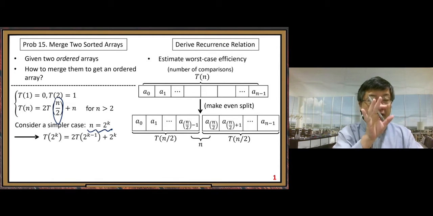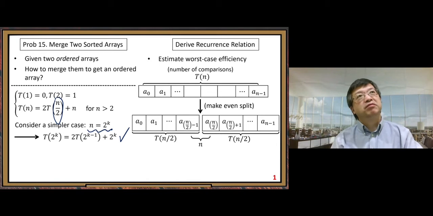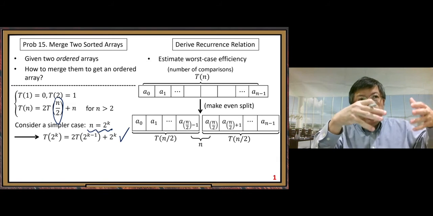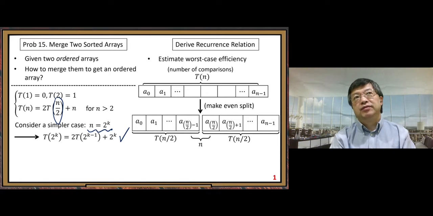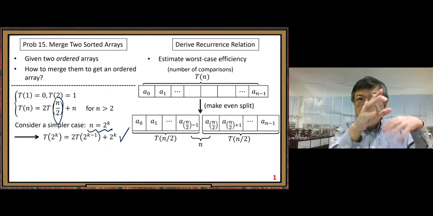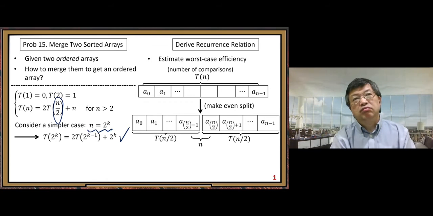We plug in, and we get this new recurrence relation. Next step, how do we do the transformation to expose its structure? We need to solve it, but if we cannot expose its structure, it is not easy to solve.